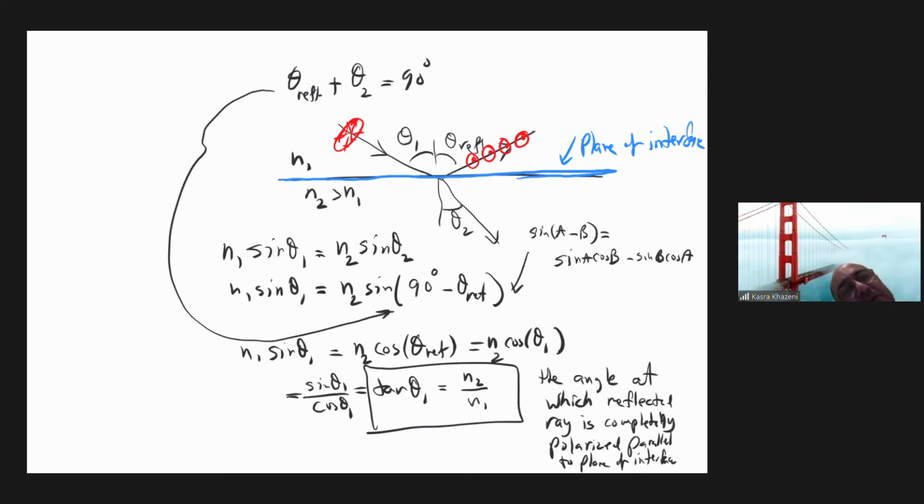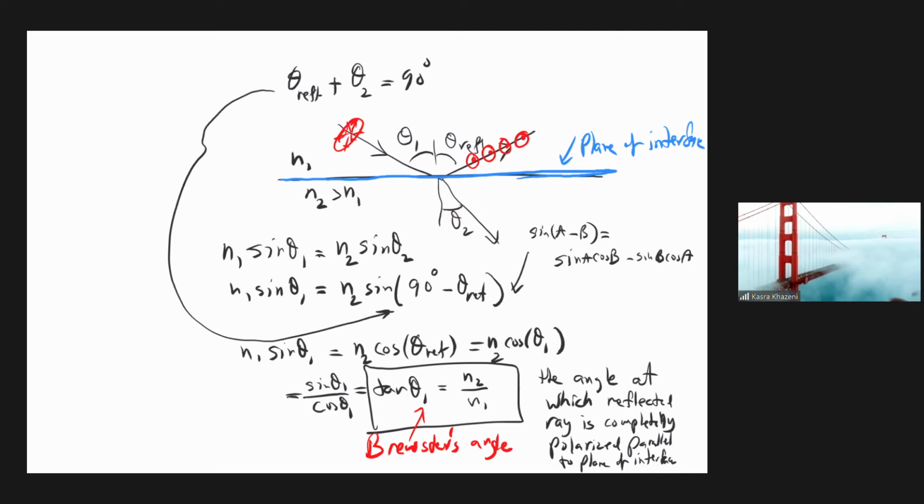Okay, so the reflected light, this is it. This is called Brewster's angle, by the way. Okay, so Brewster's angle is the angle at which the reflected light is completely polarized in the fashion I'm drawing here.